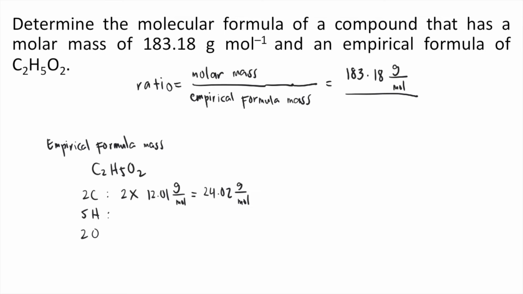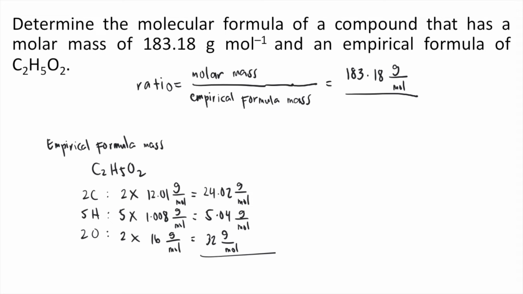For hydrogen, we have 5 times the molar mass of hydrogen, 1.008 grams per mole, and that is equal to 5.04 grams per mole. And for oxygen, that's 2 times 16 grams per mole, so that's 32 grams per mole.